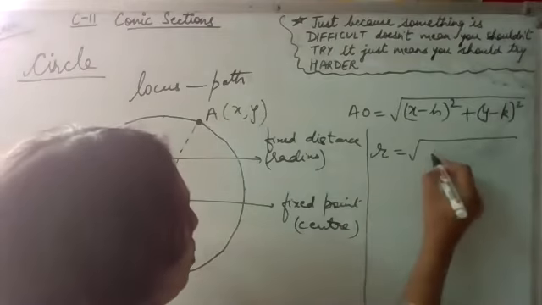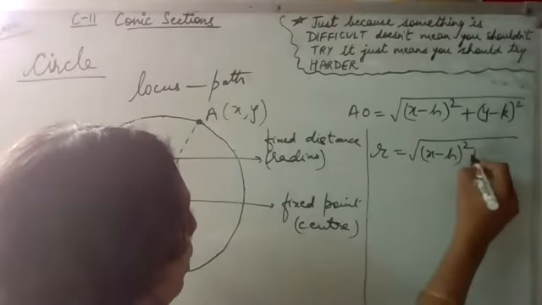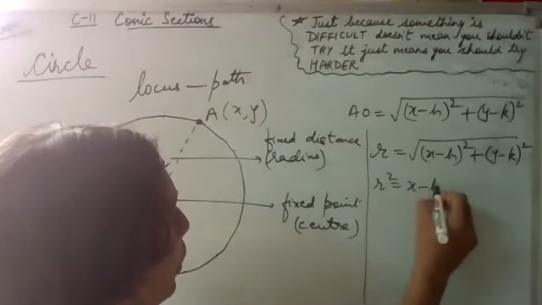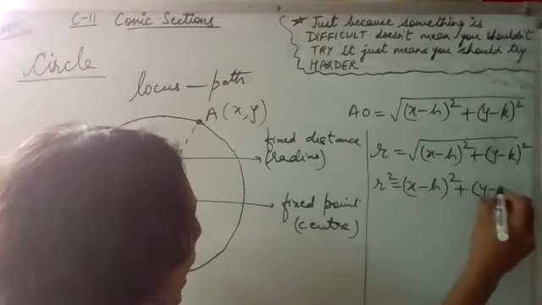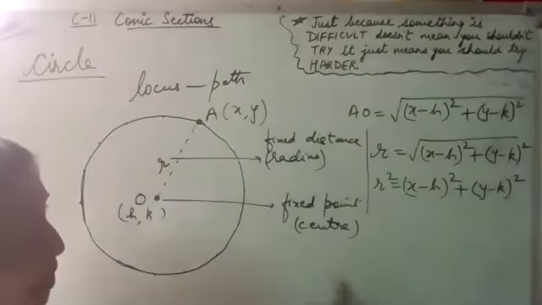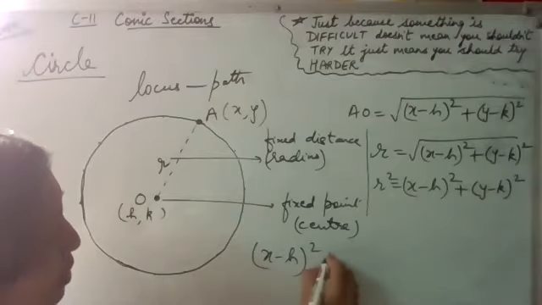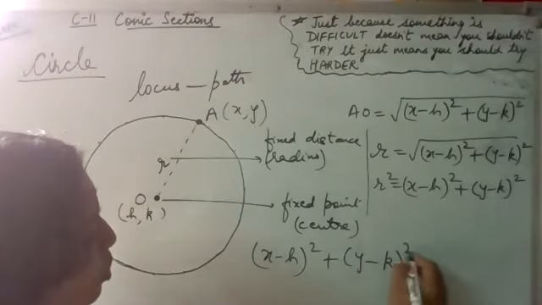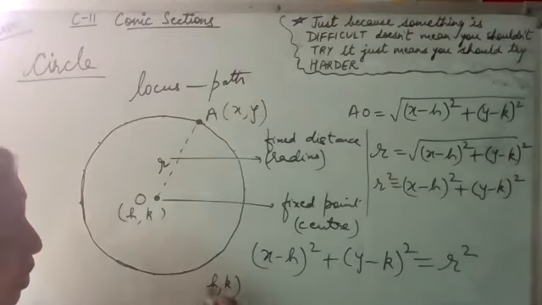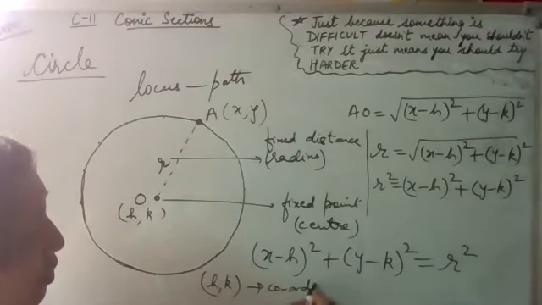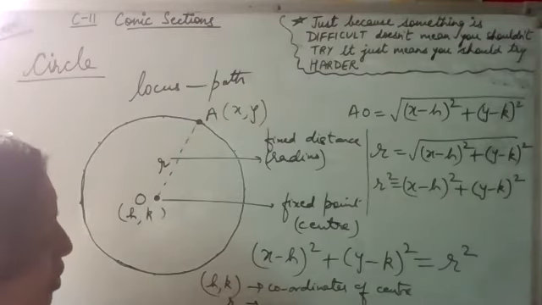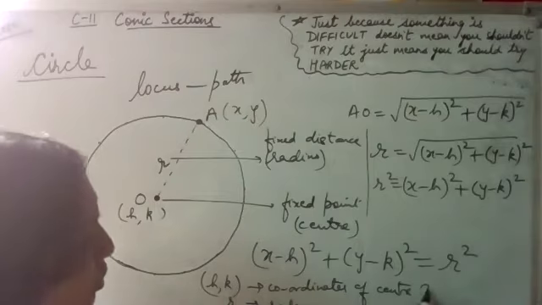So r equals that root, and squaring both sides, we get the equation of the circle as (x minus h) whole square plus (y minus k) whole square equal to r square, where (h, k) are the coordinates of the center and r is the radius of the circle.